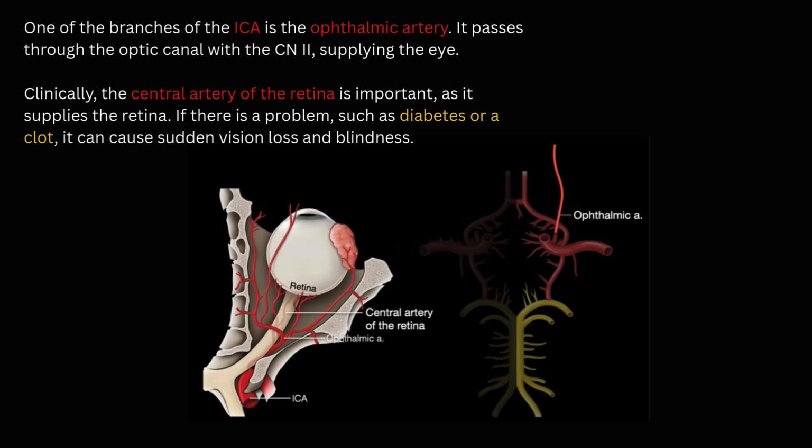If there was a problem with it, for example if a person has diabetes or a clot, it can affect the blood supply or compress cranial nerve number two, causing sudden visual loss, blurriness or blindness.